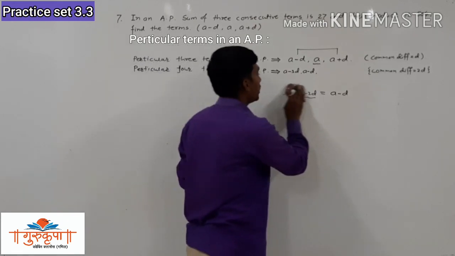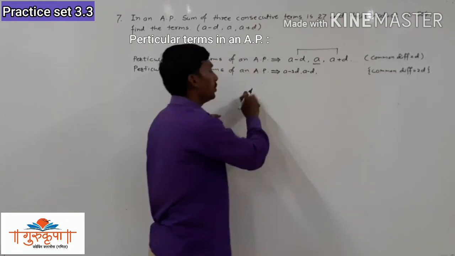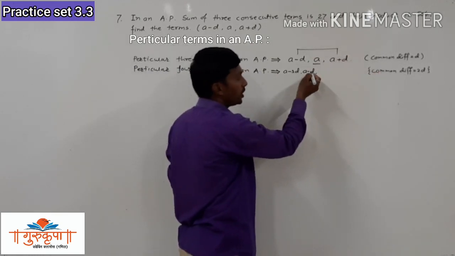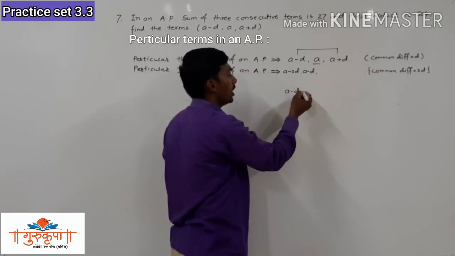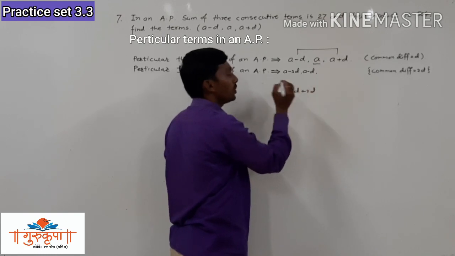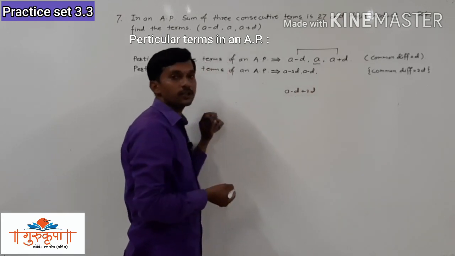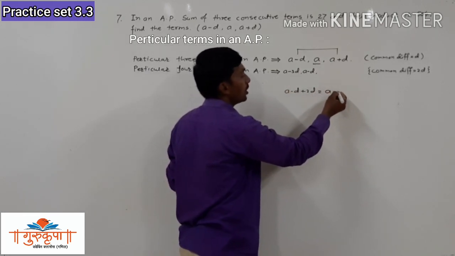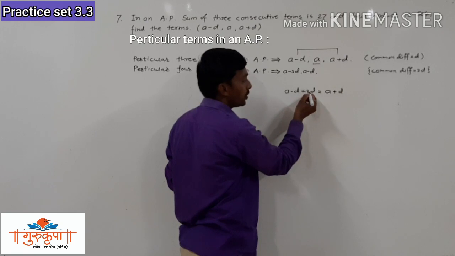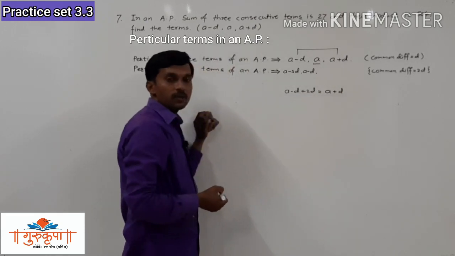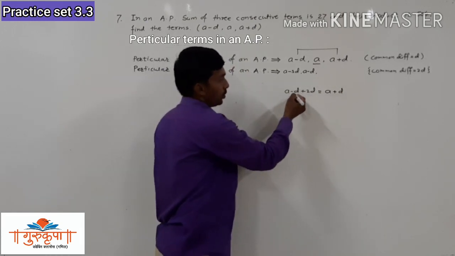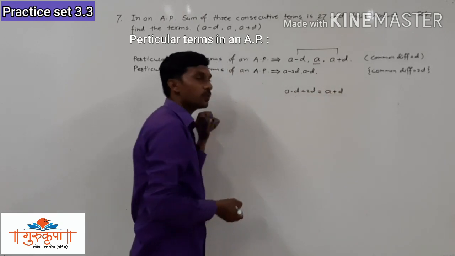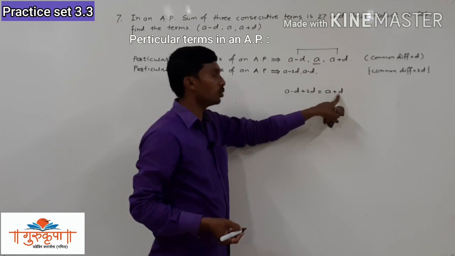Now we have to get the third term. How will you get the third term? Again add the common difference, 2d, to the second term. Here we have a minus d and we add 2d to the previous term to get the next term. Adding 2d to the previous term, the calculation is a plus d. Since the positive number is bigger, the result is positive. 2 minus 1 is 1, no need to write 1 there.